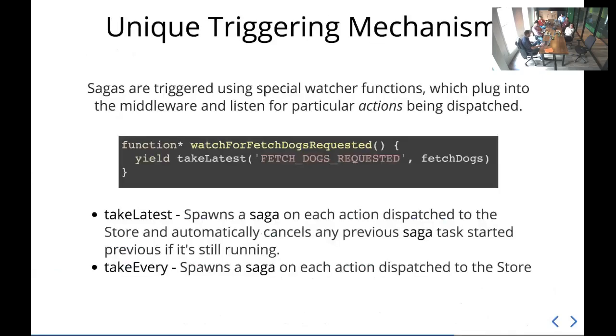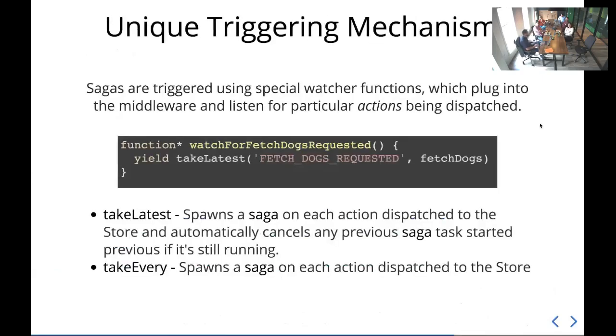So a couple of things to know about sagas. Sagas are these generator functions, as I mentioned when we were skimming over my code, and they have a unique triggering mechanism. There are two helpers provided by the API, takeLatest and takeEvery. Basically, you have an action in your program.